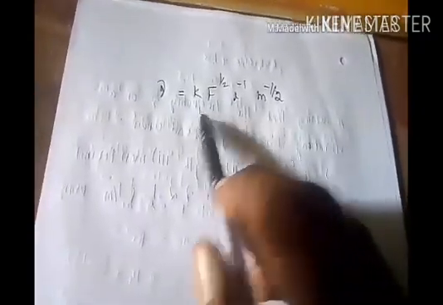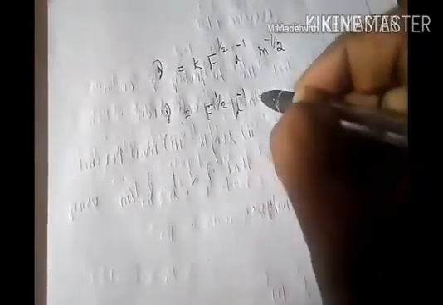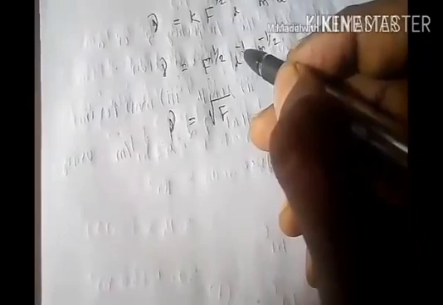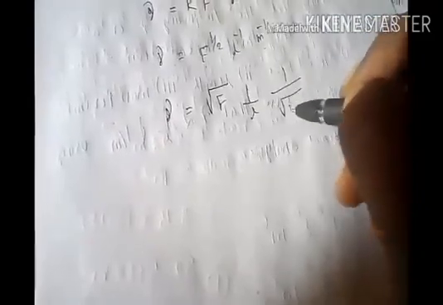Now the equation becomes like this. With k value equal to 1, the frequency mu equals F power 1 by 2, then L power minus 1, then m power minus 1 by 2. This can be written as mu equals F power 1 by 2, which means root of F. L power minus 1 means 1 by L. m power minus 1 by 2 means 1 divided by root of m.